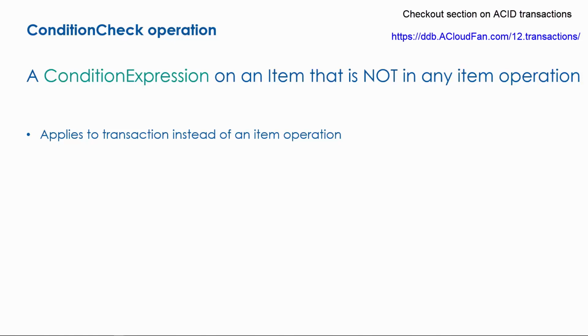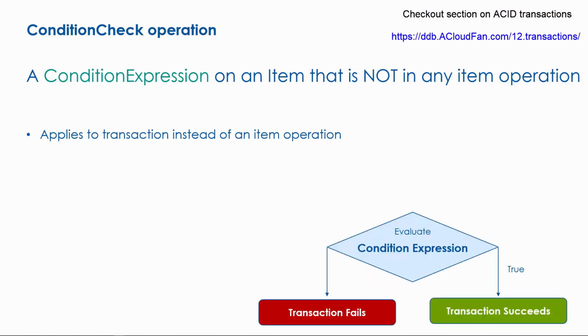The condition check operation also requires a condition expression. The idea is that if the condition expression evaluates to false, then the entire transaction is rolled back or is not committed. The condition expression in the condition check operation must be applied to an item that is not getting manipulated by any other operation in the transaction.